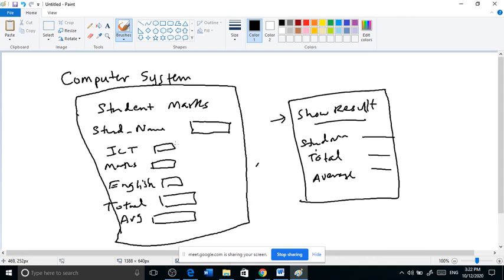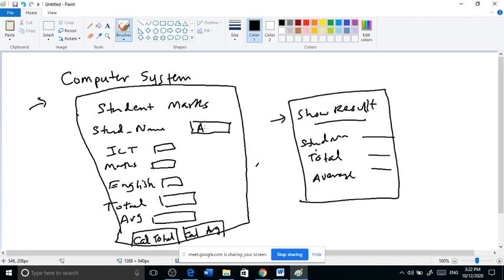So this is a computer system. Here you are having something like calculate total, then you are having another button, calculate average. So what you will have to do when you switch on the computer, after you are entering this system, you are having a shortcut or something, you are opening this, then you have to enter.